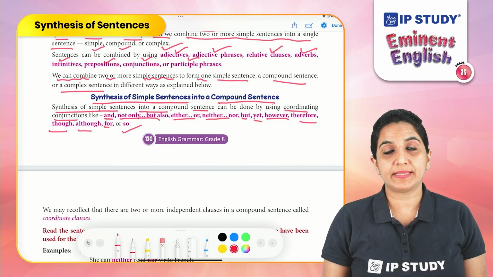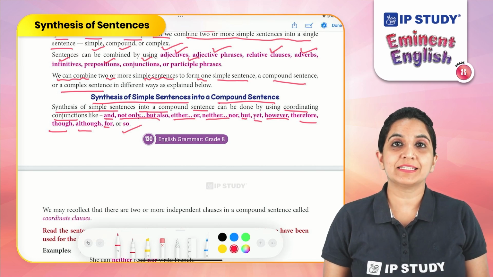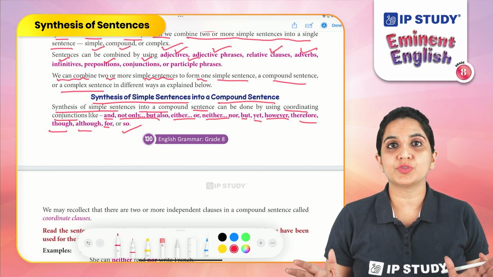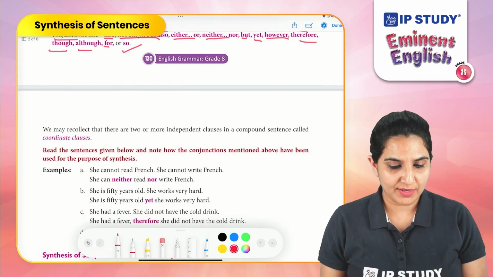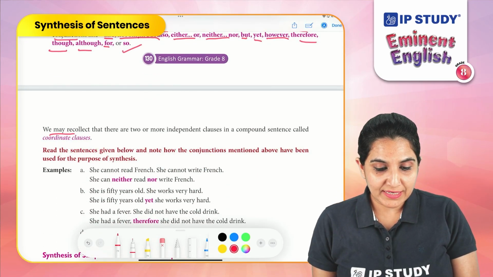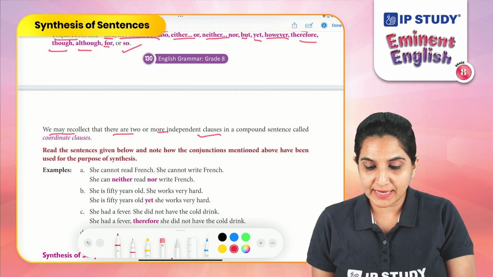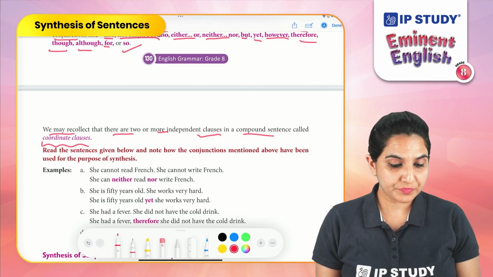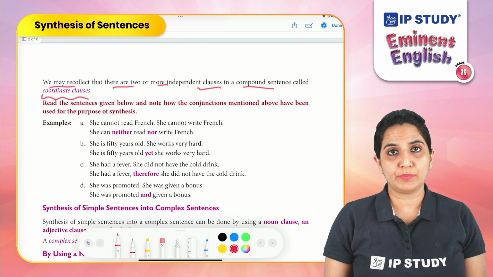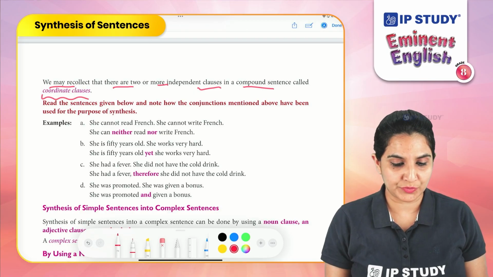We've also covered them in the topic conjunctions, and now we will understand how to combine those two independent clauses by using these conjunctions. We may recollect that there are two or more independent clauses in a compound sentence called coordinate clauses. Let us read the sentences given below and note how we have joined them by using conjunctions.